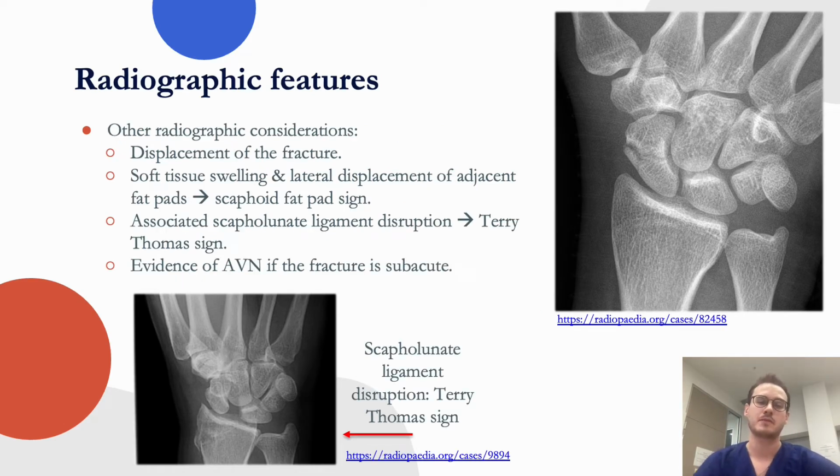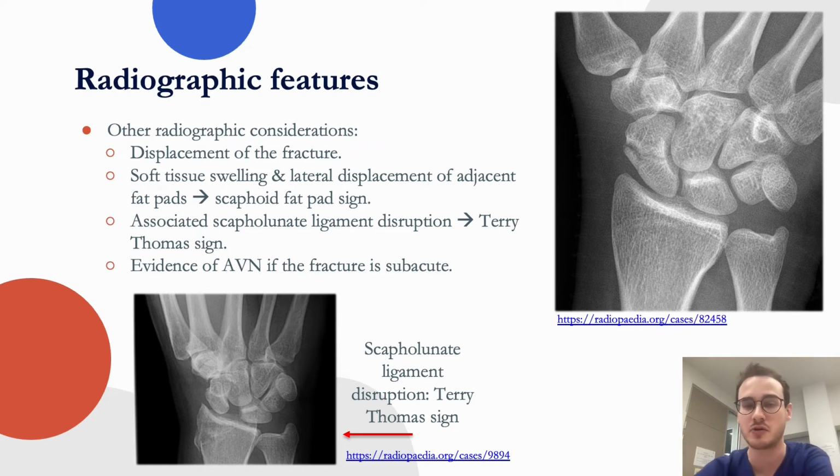So other radiographic considerations if a scaphoid fracture isn't seen straight away are features such as displacement of the fracture, soft tissue swelling and lateral displacement of the adjacent fat pads, so a scaphoid fat pad sign, an associated scapholunate ligament injury or disruption, so the Terry Thomas sign, and evidence of avascular necrosis if the fracture is subacute.